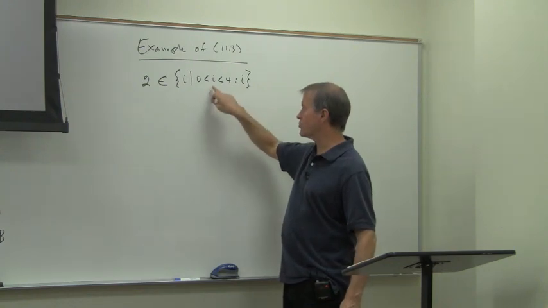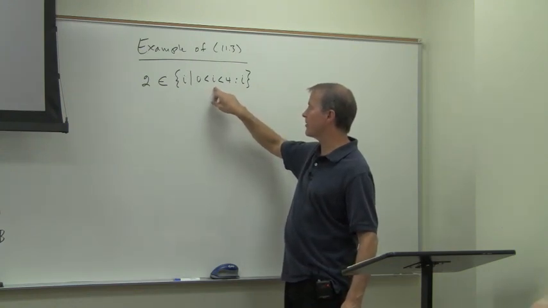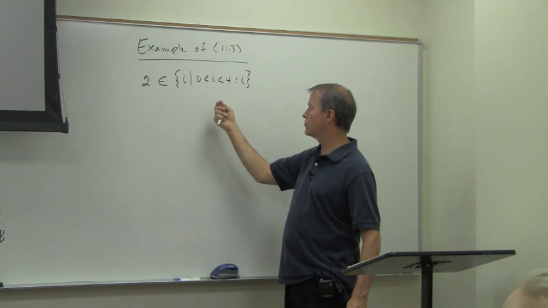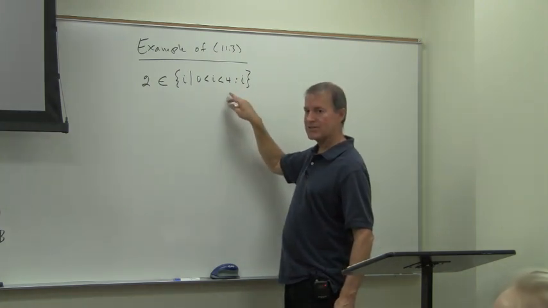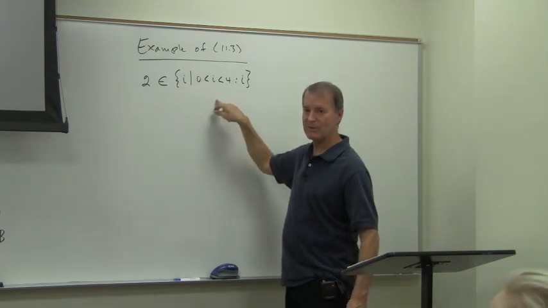In your head you worked out the possible values of I: 1, 2, 3. So it's the set 1, 2, 3, and 2 is an element of the set 1, 2, 3.